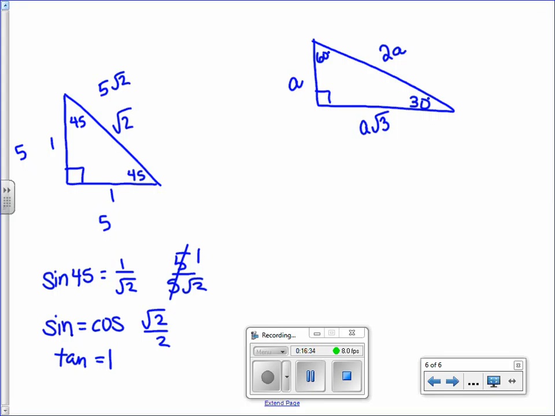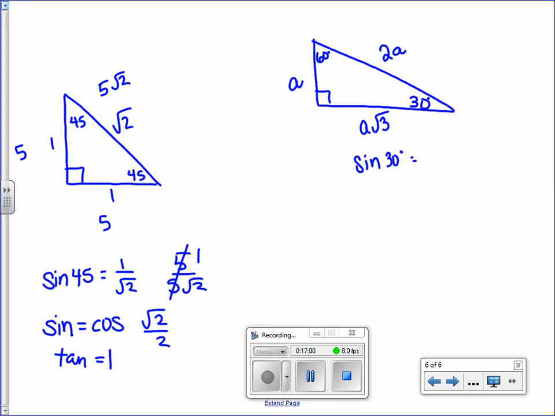Alright. Really special. So these are some that you're going to just use and memorize. Sine of 30 degrees, of any right triangle.